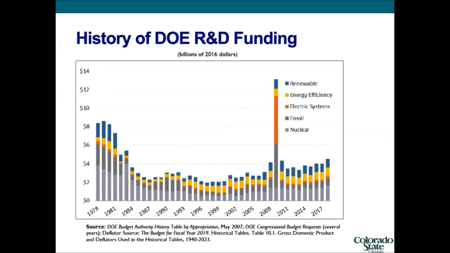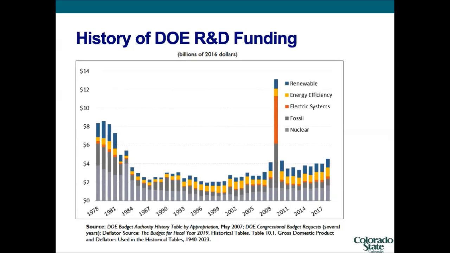The dark is fossil, and then orange is electrical, and yellow is energy efficiency, and the blue at the top of each bar is renewable energy, and that's where biofuels would come in. Not just biofuels, could be wind and solar in there as well, but that's where they're all parked. Okay, so history lesson 1. Why are these bars so big here in the late 70s and early 80s?